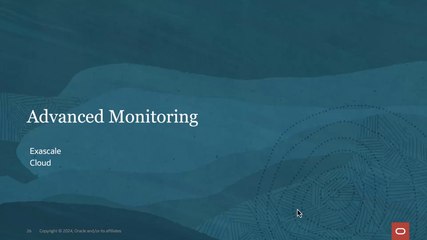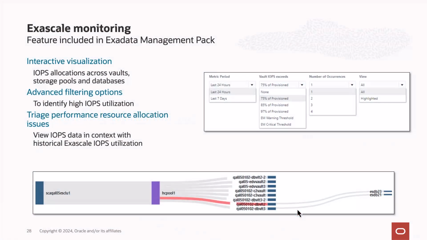Enterprise Manager includes a rich set of features for monitoring Exascale that is out of the box in the Exadata plugin. But on top of that, we have provided additional features. There is a new interactive Exascale visualization, where it is possible to identify IOPS allocation across vaults, storage pools, and databases.